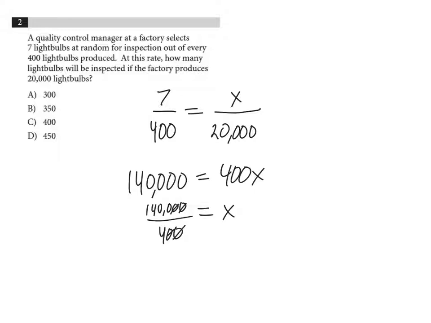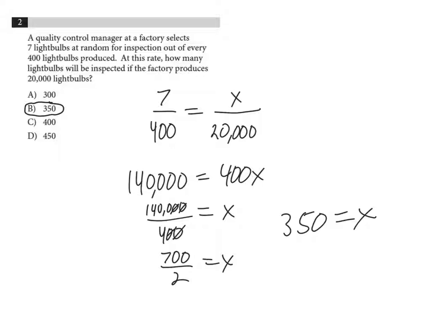I can cross out some of these zeros here, and I get 1,400 over 4. I'm just going to divide that by 2, just to simplify it real quick. That's 700 over 2. So 350 equals the number of bulbs that are inspected out of 20,000.